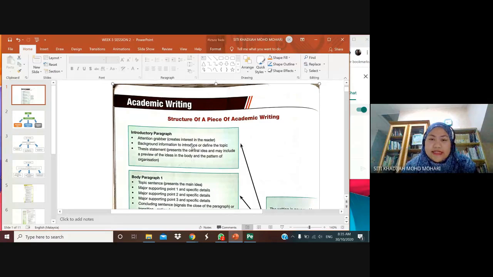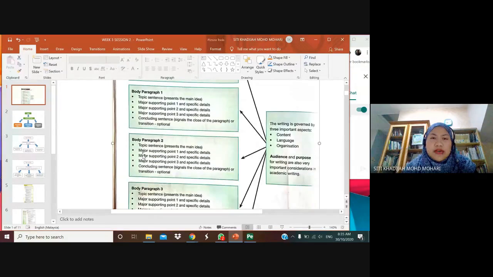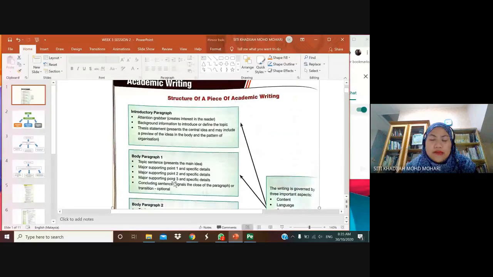This thesis statement is only one sentence, and the content is the ideas. Probably 3 ideas, because we have 3 body paragraphs. You have to combine the 3 ideas of your body paragraphs together in one sentence and put it as your thesis statement.